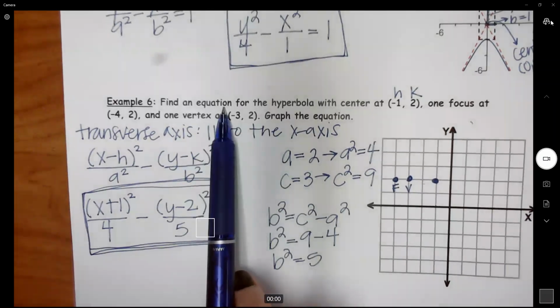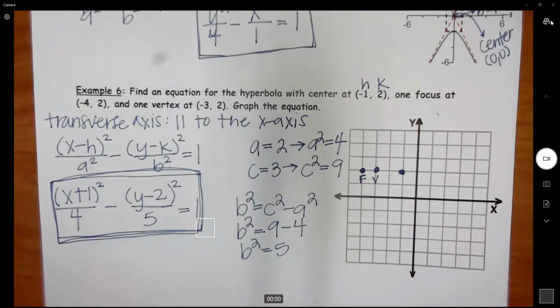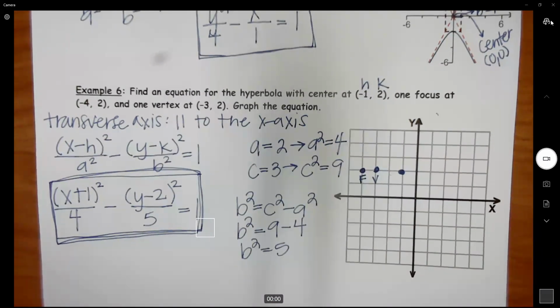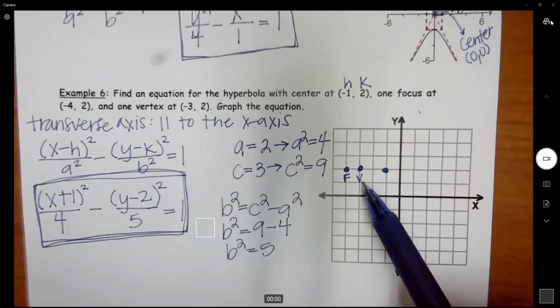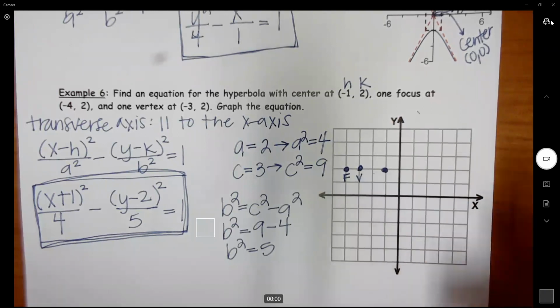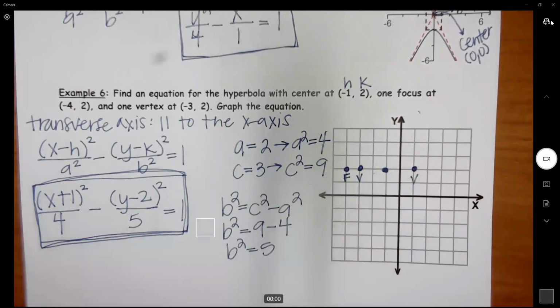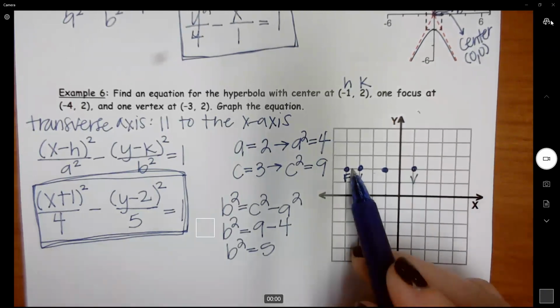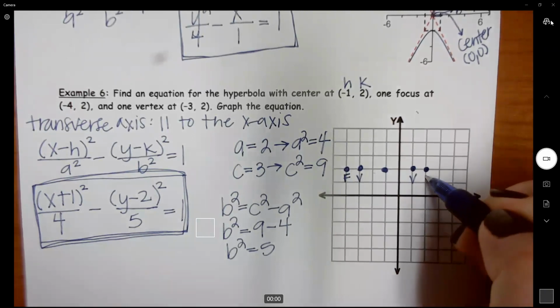After we find the equation with all of this information, now I need to graph my equation. All right, so I only have one vertex and one focus. So let's put the other two on there. If this vertex has an a of 2, I'm going to go 2 in the other direction. So here's my vertex. And then if my focus is 3 away, then I'm going to go 3 away in the opposite direction.